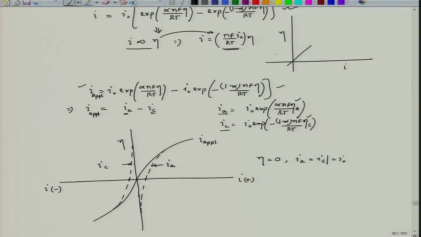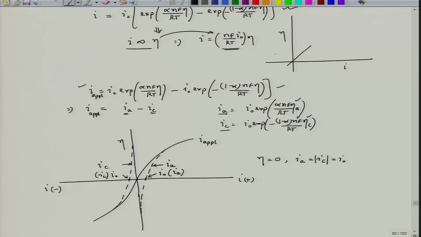Here this is I 0 also, but this is on the positive side and this is on the negative side. That means at zero over voltage the system is reaching a non-corroding reversible condition, and that too a steady condition.